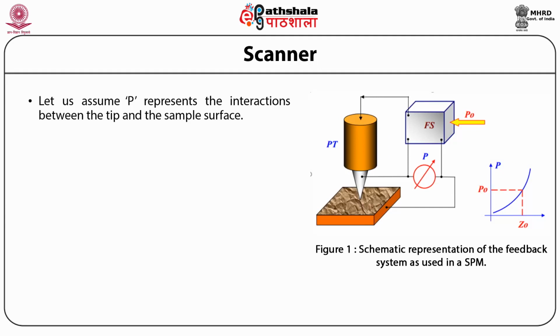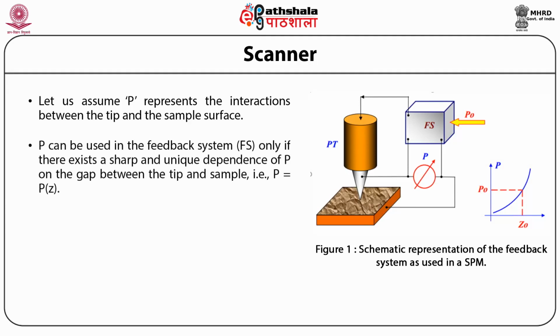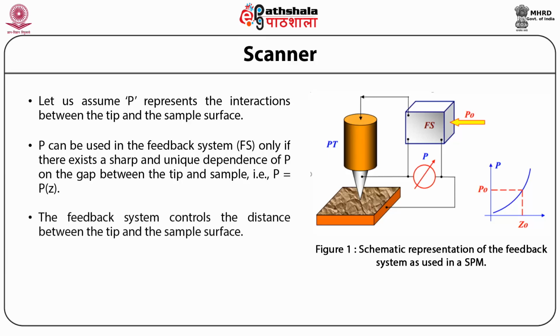Let us assume that P represents the interactions between the tip and the sample surface. P can be used in the feedback system, that is FS, only if there exists a sharp and unique dependence of P on the gap between the tip and the sample. That is, P is equal to P as a function of Z. The feedback system controls the distance between the tip and the sample surface.